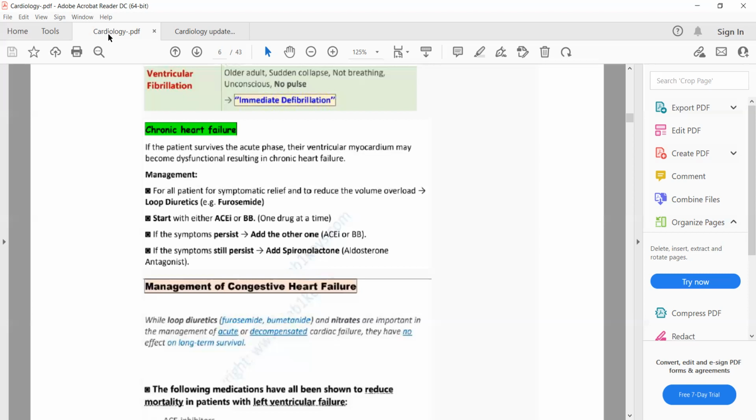And if the patient cannot tolerate ACE inhibitors, such as captopril, enalapril, lisinopril, if they develop dry cough, then we can replace ACE inhibitors with ARBs, angiotensin receptor blockers, such as valsartan, telmisartan, etc.